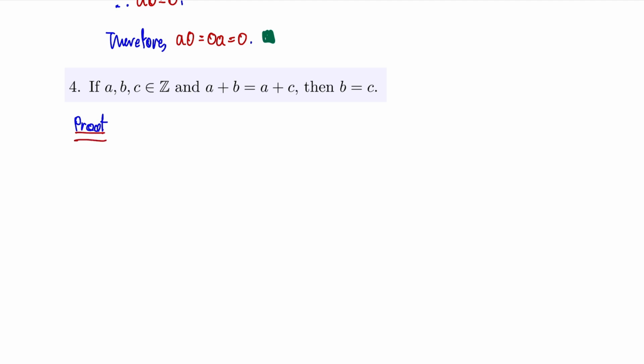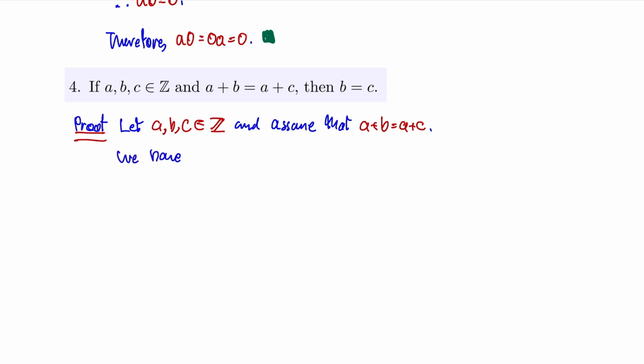We let a, b, c be integers and assume that a plus b equals a plus c. I want to start with b. So b is b plus 0, and 0 is a plus minus a.